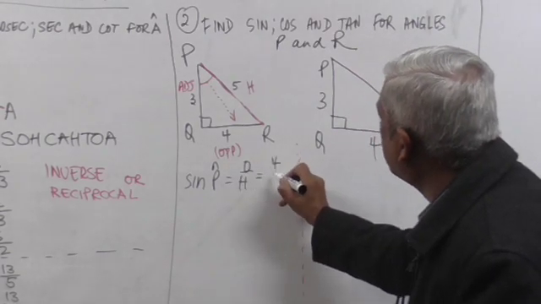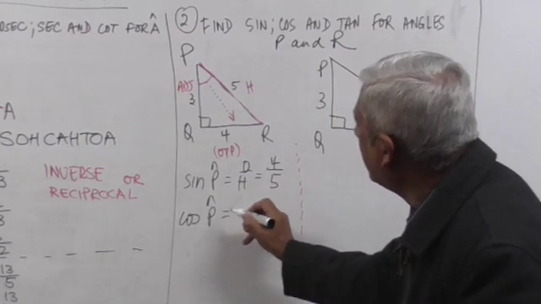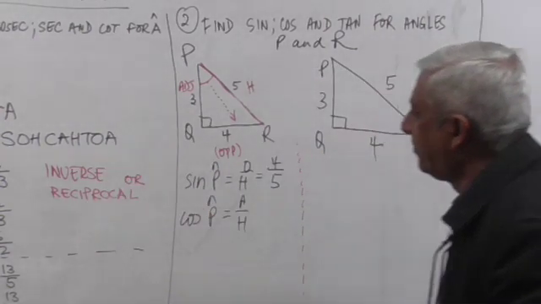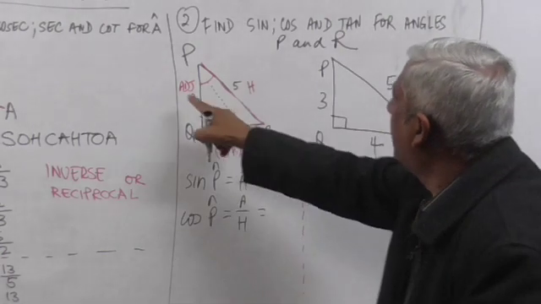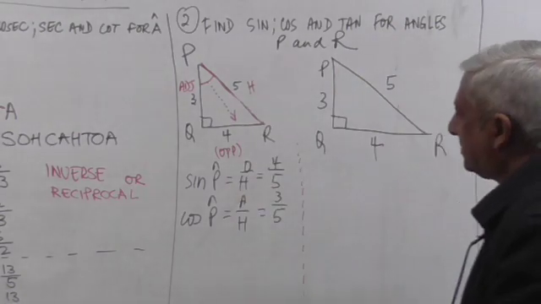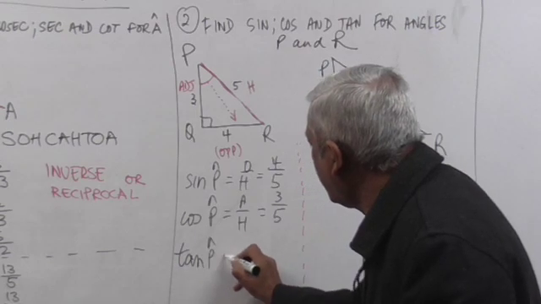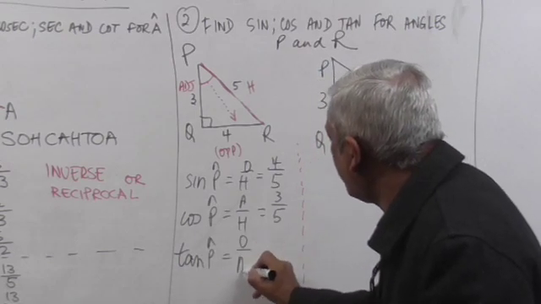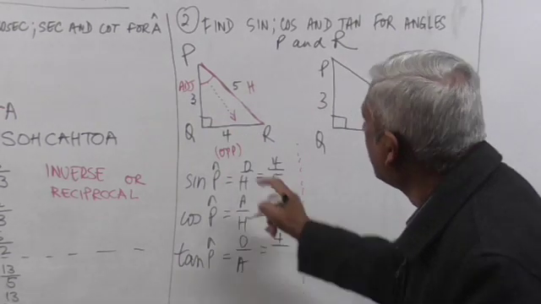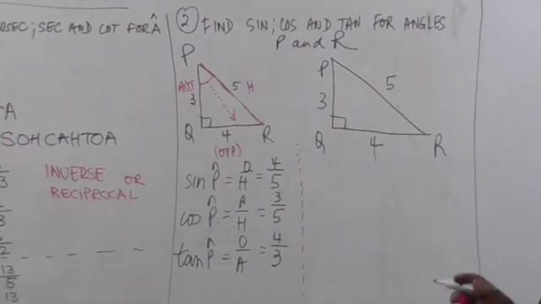Opposite is 4, hypotenuse is 5. Then cos of angle P is A over H. If you're forgetting, you look at SOH CAH TOA. A is 3, H is 5. Then tan of angle P is equal to O over A. O is 4, A is 3. So those were the answers for angle P.